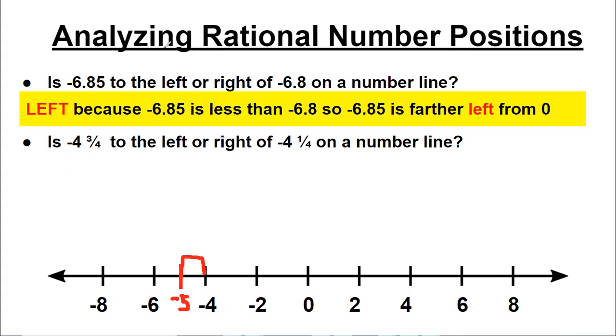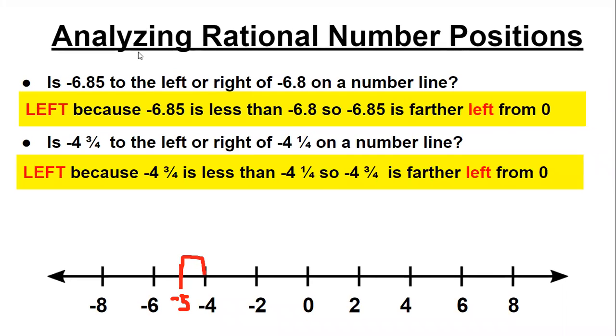So negative 4 3/4 is going to be to the left of negative 4 1/4. So I think it is going to try to put some points in there for us. So let's see. So that's kind of about negative 4 3/4. It's kind of hard to show it on this tiny space, and there's negative 4 1/4.